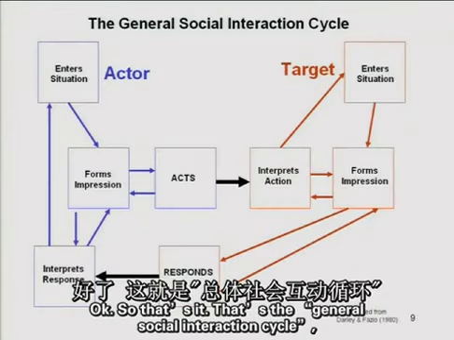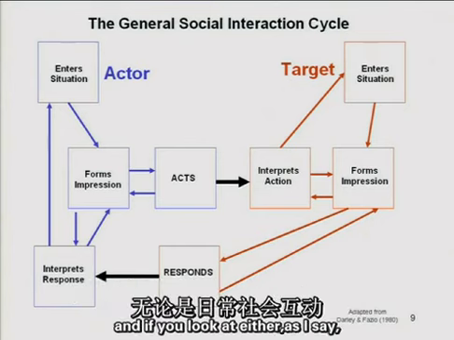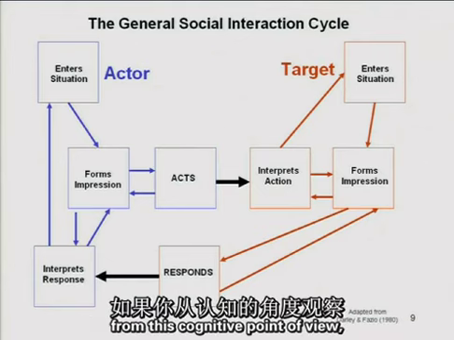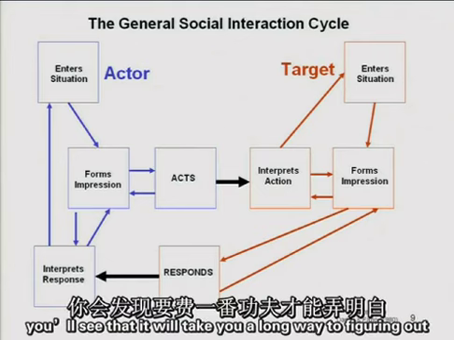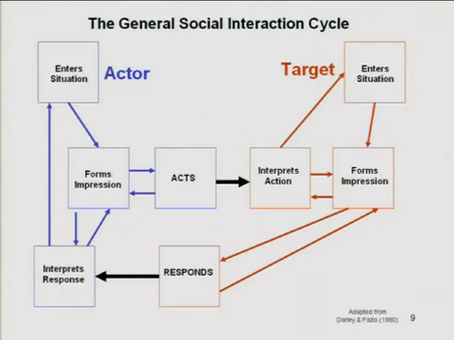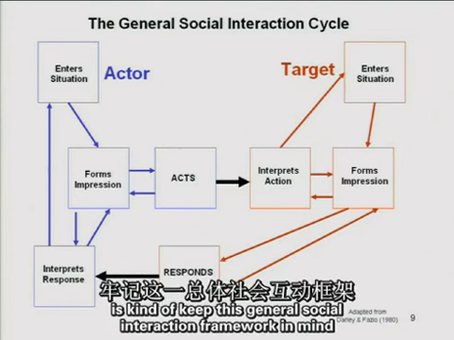That's the general social interaction cycle. And if you look at, even, as I say, whether it's a mundane or a monumental social interaction from this cognitive point of view, you see that it'll take you a long way to figuring out how cognition plays a role in social interaction.